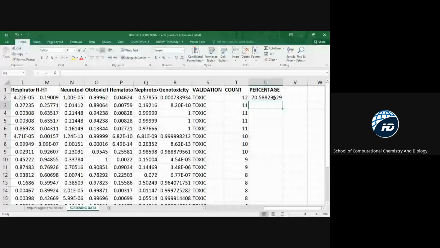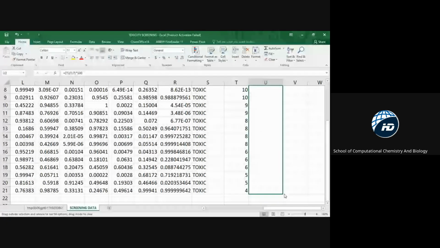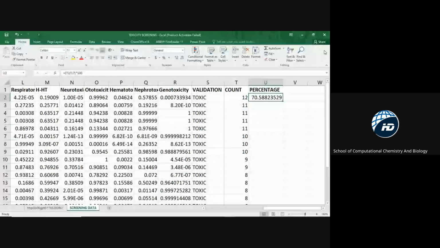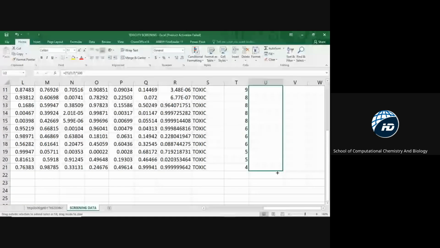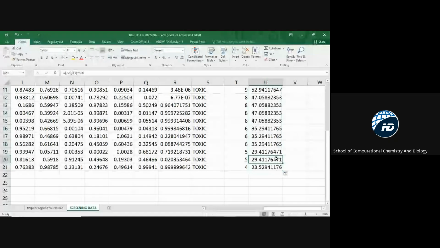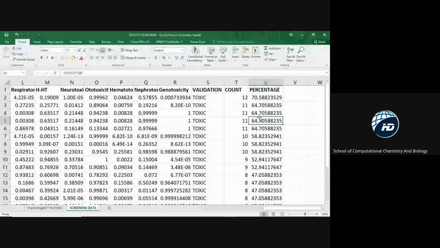All right. It slipped my mind to do that day. So this will enable us to see the percentage, and then we can easily rely on the percentage.